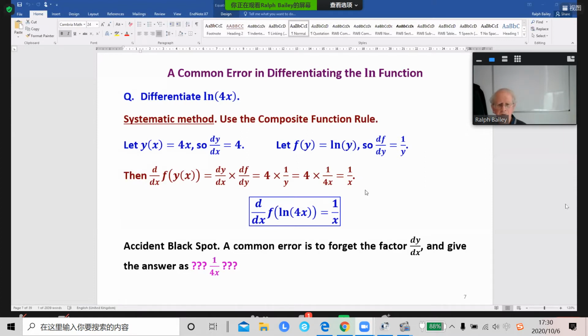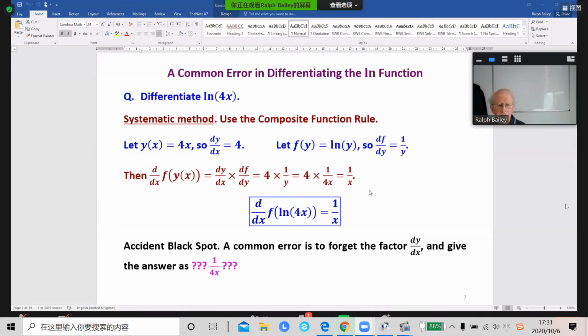Y is 4x. So you can see what's happening now, that because of this dy by dx factor of 4, you get cancellation. And the answer is just 1 over x. So be on your guard about that, that's a common error.